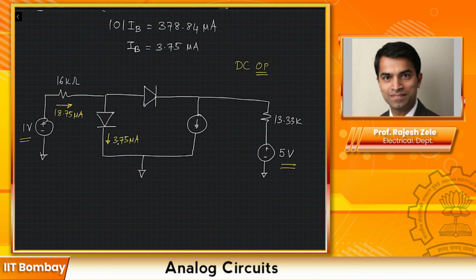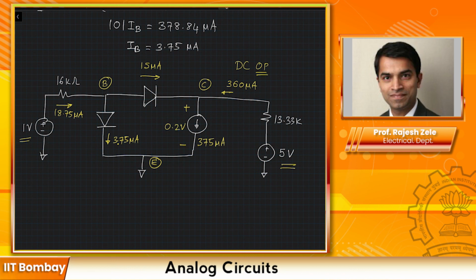And 100 times that, 375 microamps, will flow through the collector, and there will be a 0.2 volt drop here, VCE. This is our collector, this is the base region, and this is the emitter region. And as we already said, the total collector current is 360 microamps.